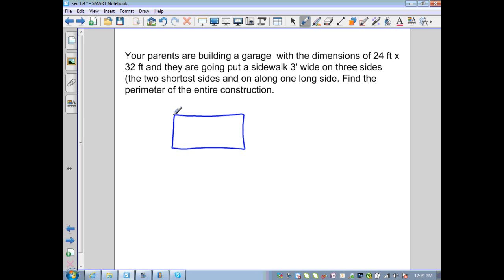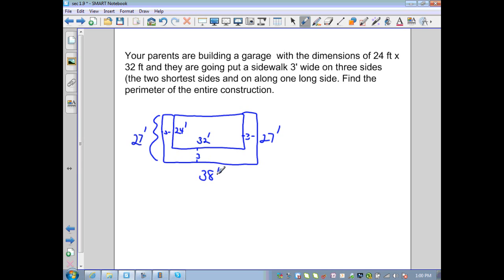Here I have a rectangle. Its dimensions are 24 feet and 32 feet. Here I have 32 feet with an additional 3 feet on either side, which would give me 32 plus 6, which is 38 feet. And that would be the same for the other long side, even though there's not a sidewalk going on it, that would still include these 3 feet extensions on either side, so that would still be 38 feet.